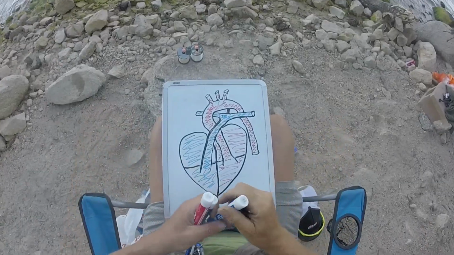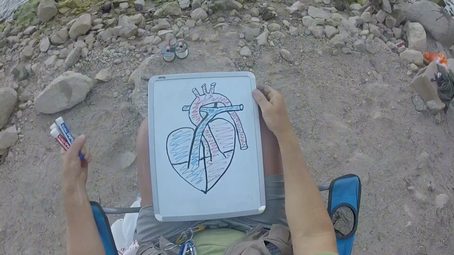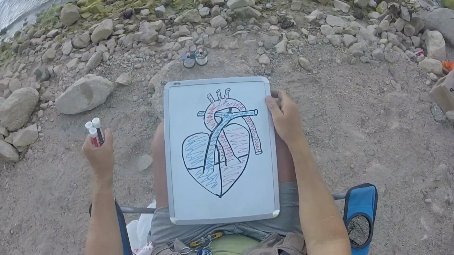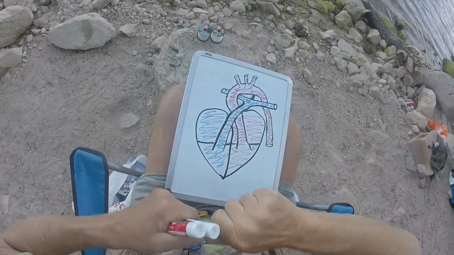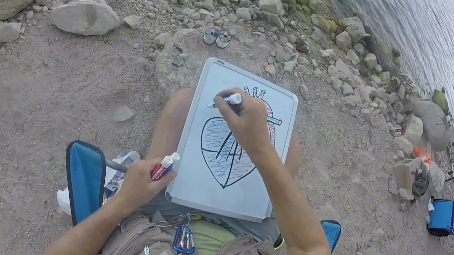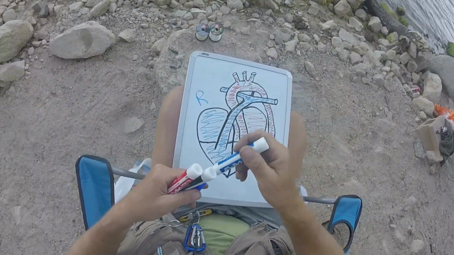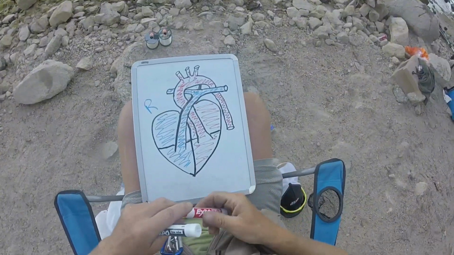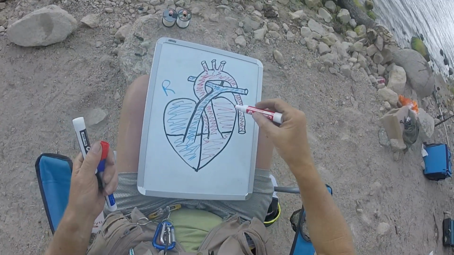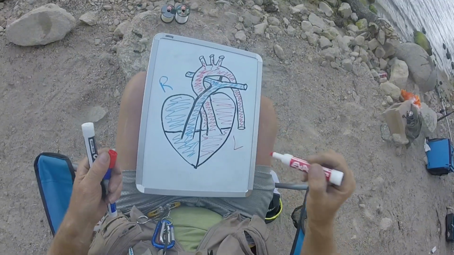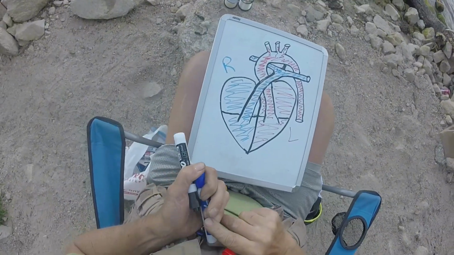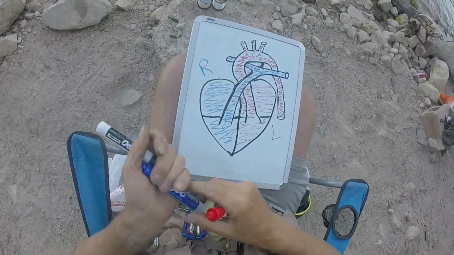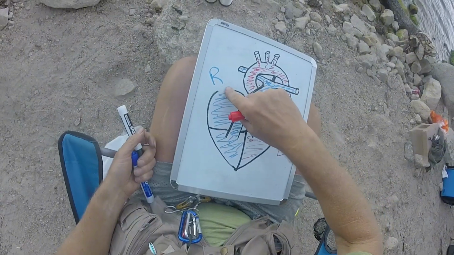All right, so here we are with the regular situation in our cardiovascular system. Of course, over here we have the right side of the heart, and over here we have the left side of the heart.